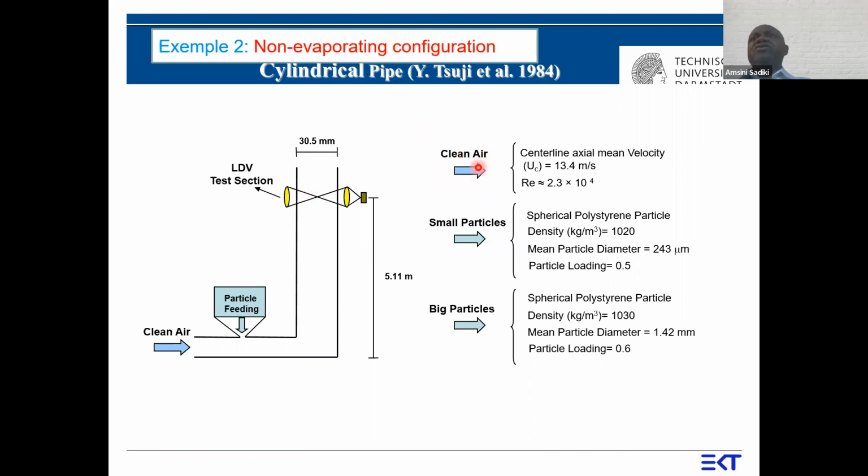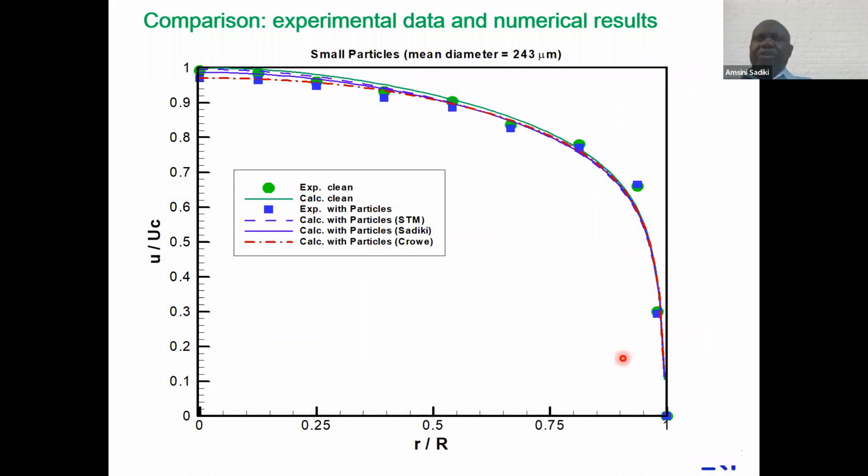This means the gas phase without particle, and then the feed particles, small particles of this kind of diameter, and here large particles with this kind of diameter. So the density is almost the same, and the particle loading is also the same. And we compare with these three models. So for the mean velocity, we don't see a big difference.